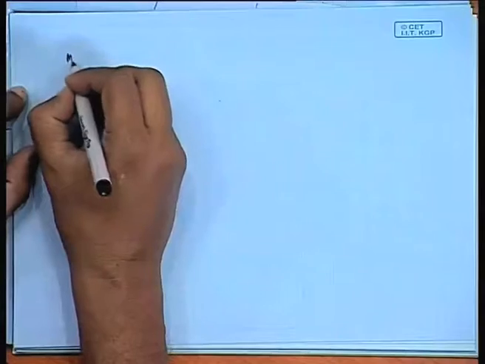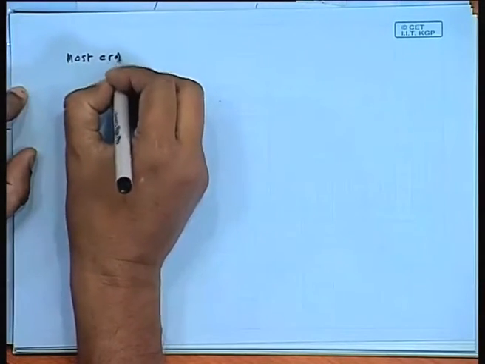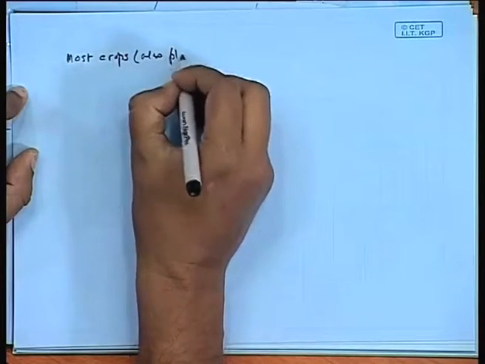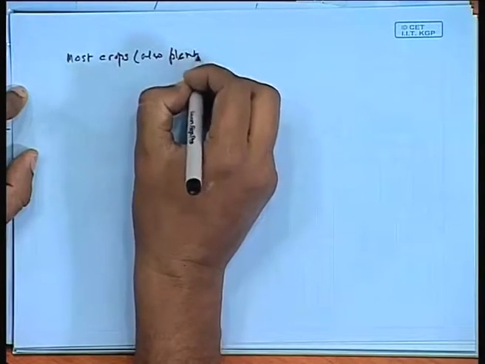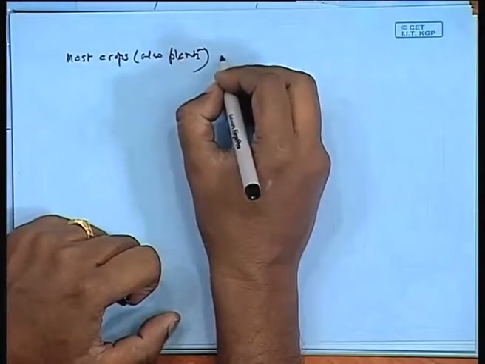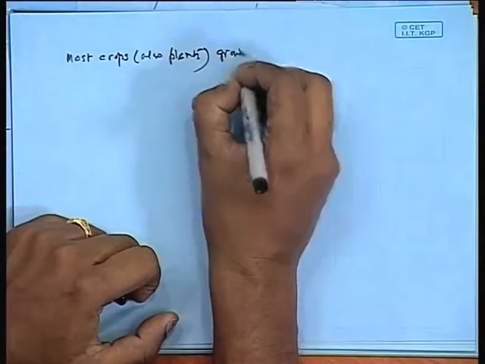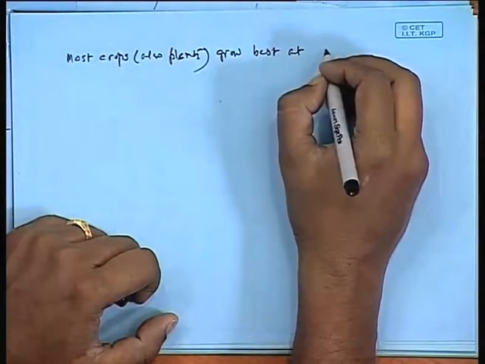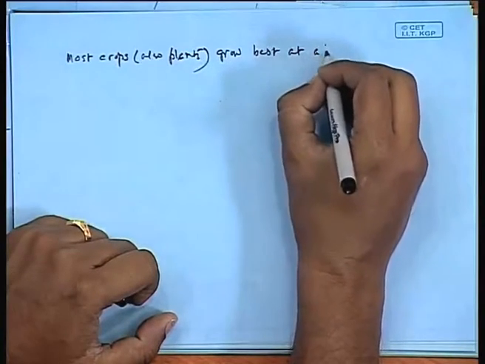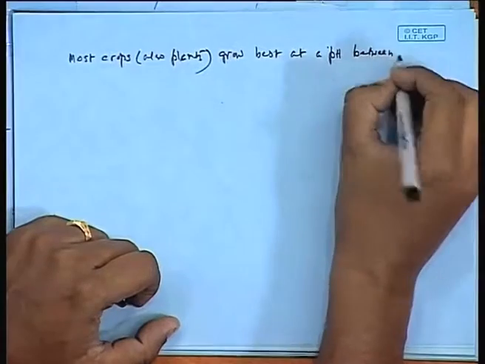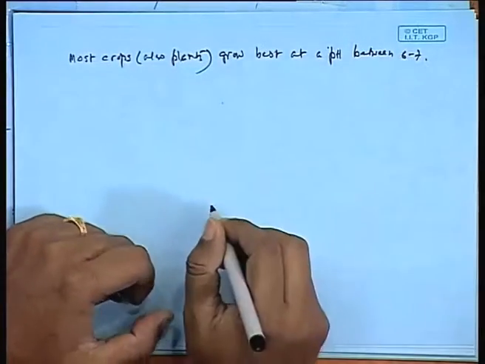So generally, as I have said, most crops and plants grow best at a pH between 6 and 7.